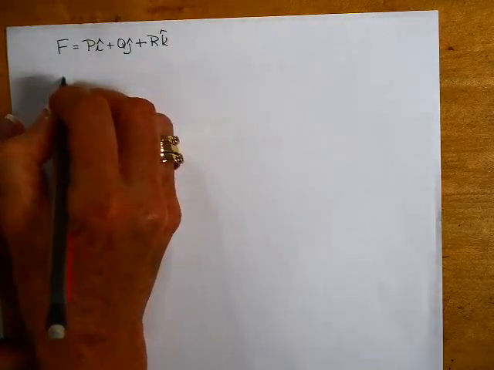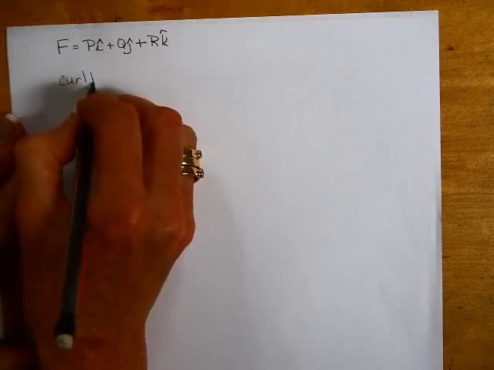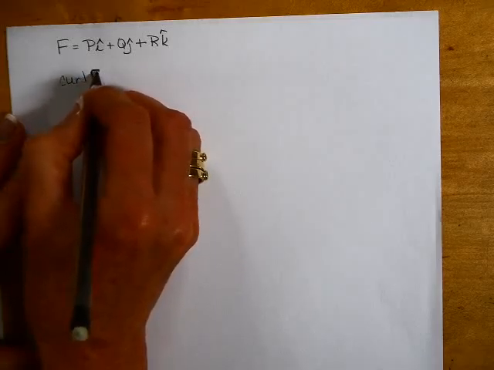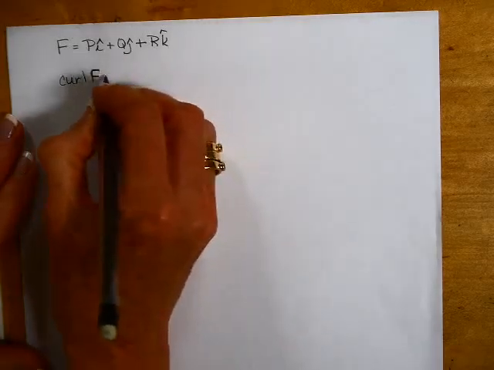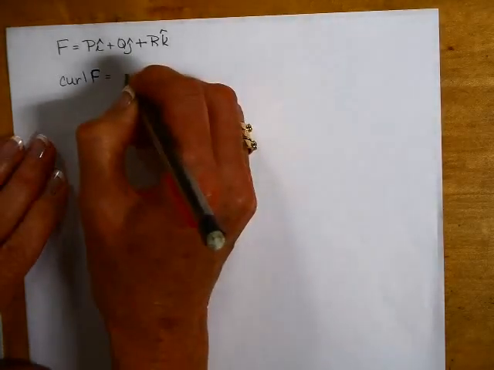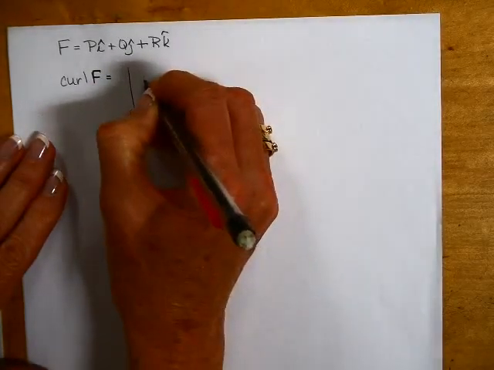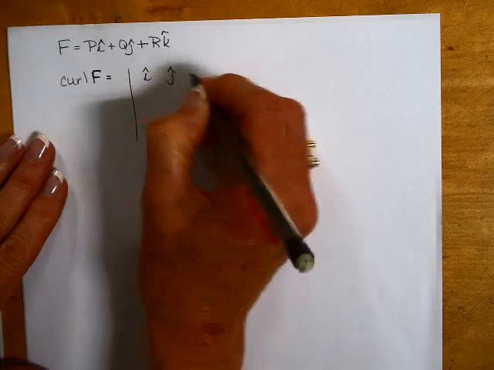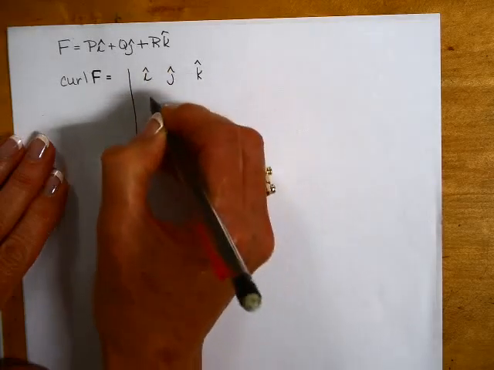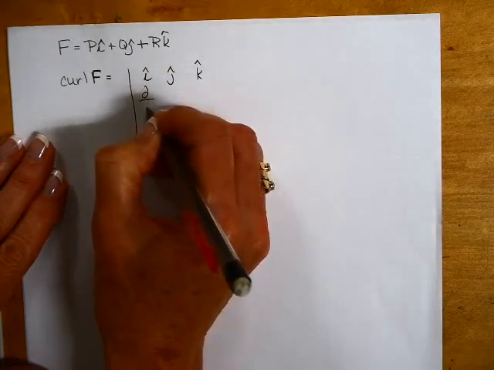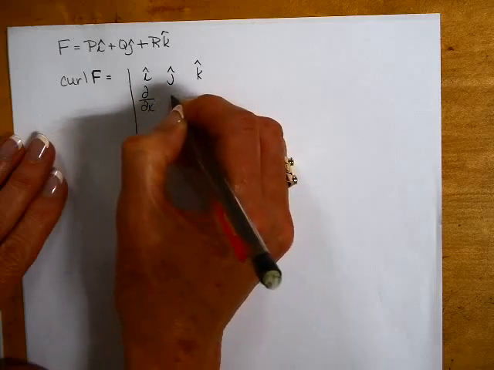First operation is called the curl of F, and there's a formula for it. But the best way to remember how to calculate the curl of the vector field is to do it as the determinant with the i, j, k across the top. Right here you put the partial of something with respect to x.